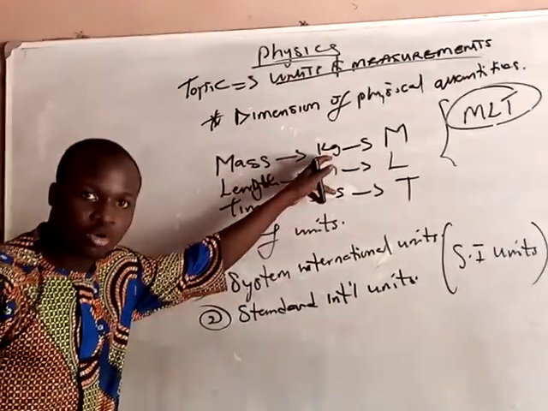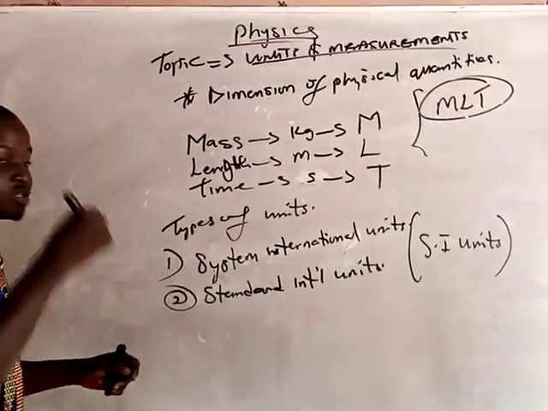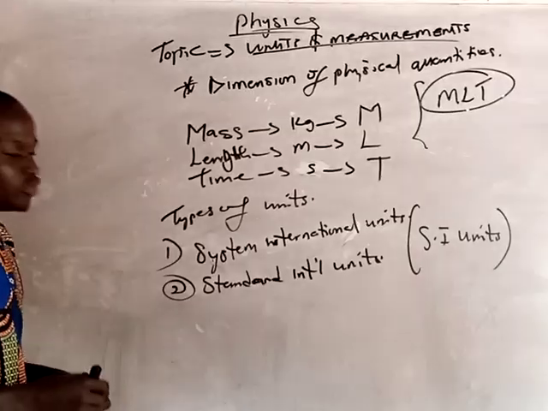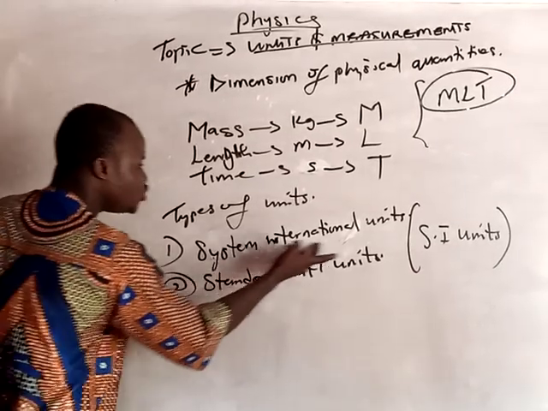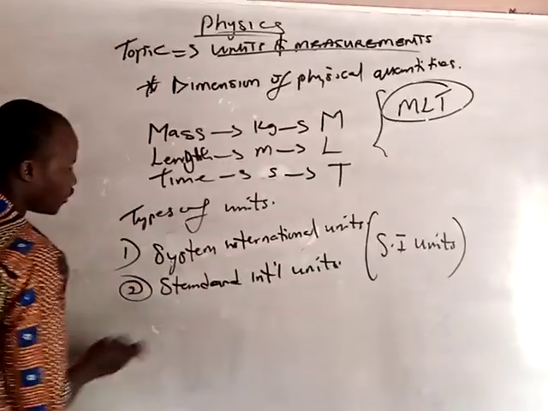Kilogram. But of these two units, the one we are using currently is System International Unit. This is the one science is using now, because the other is just an old format.